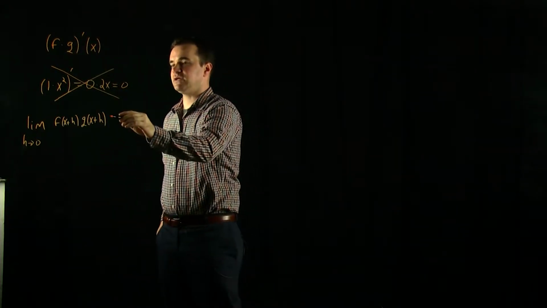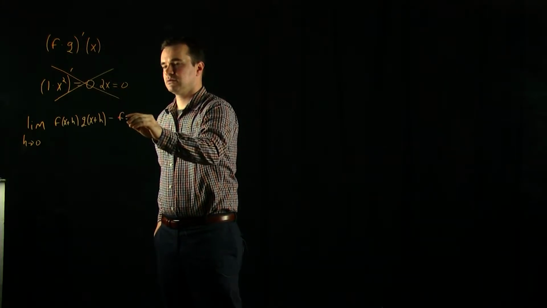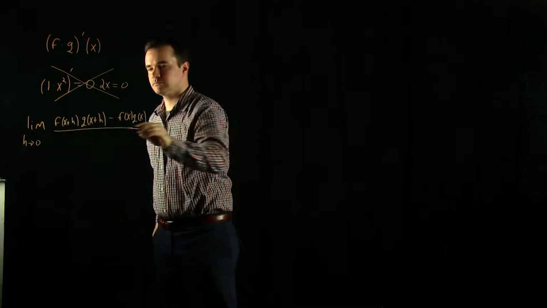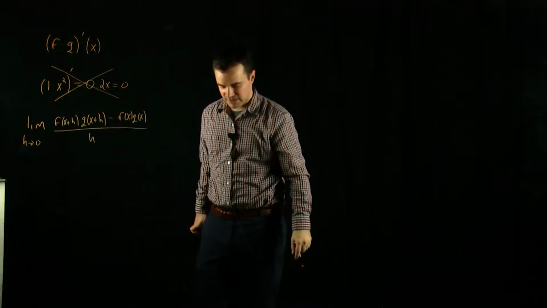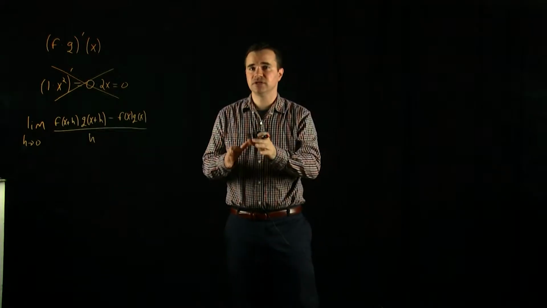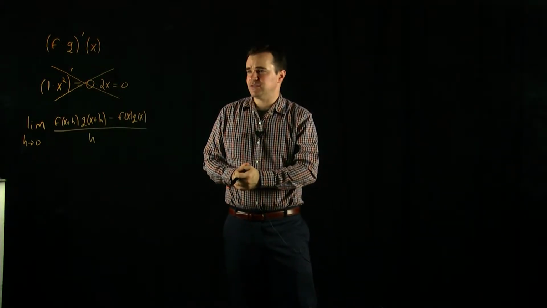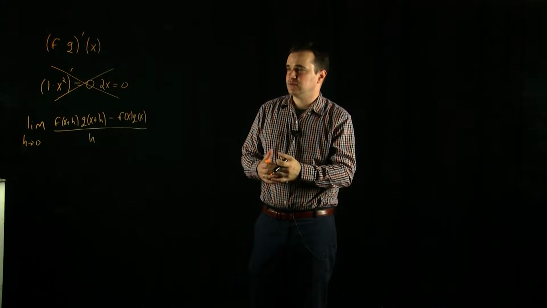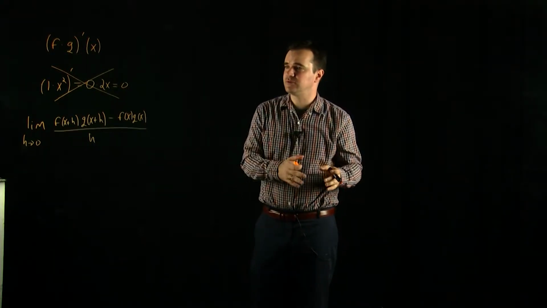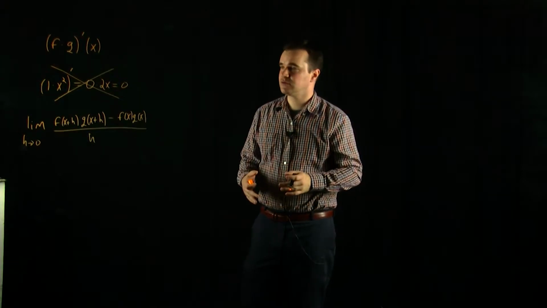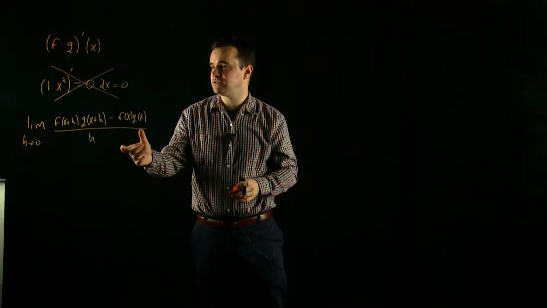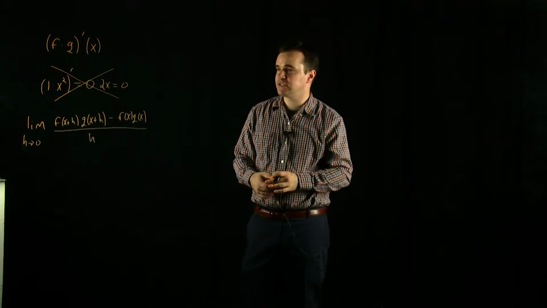And then I'm just subtracting f of x times g of x, all divided by h. And you hope that out of this you can get some formula that you can rewrite in terms of derivative of f, in terms of derivative of g. And it doesn't look too promising what you've got here, because you're looking for something that you can factor out, but you don't really see anything.